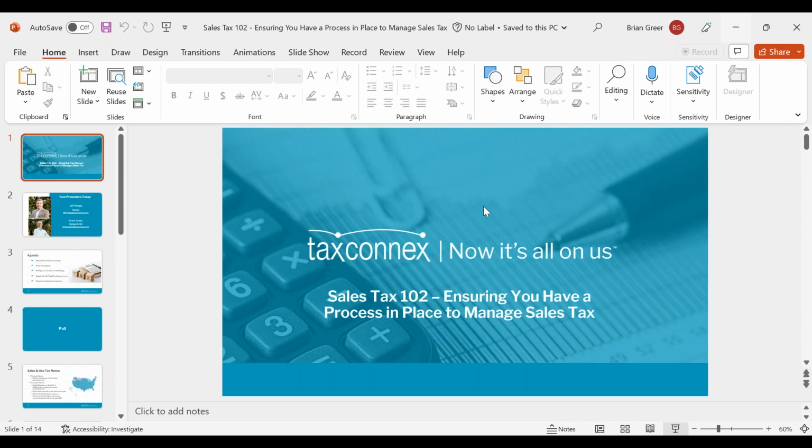We will talk about some of the different sales tax calculation options that are out there in terms of how do we apply tax prospectively within our shopping cart or on our invoices. And also talk about an overall compliance process in terms of what is necessary on the back end: we've applied tax, now what do you do with it? A lot of times we think of it as, hey, it's just putting a number on a form, right?